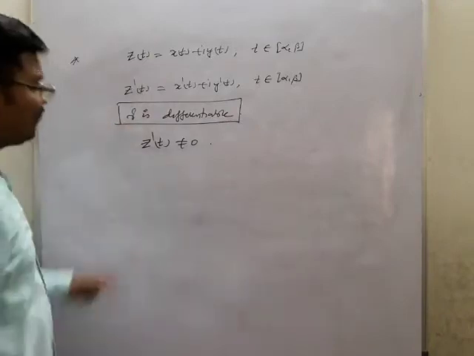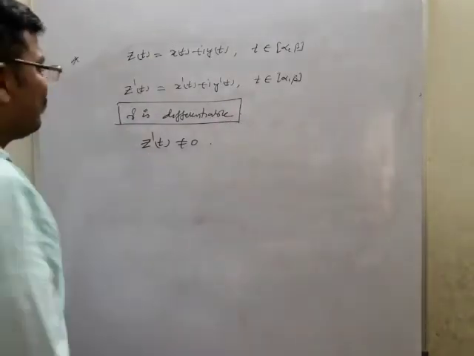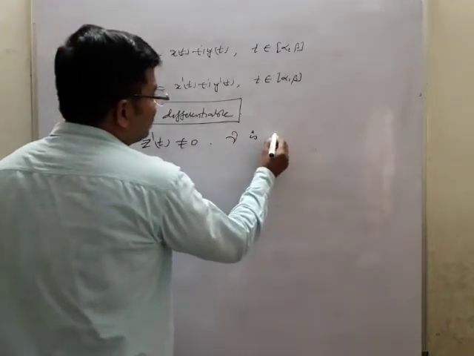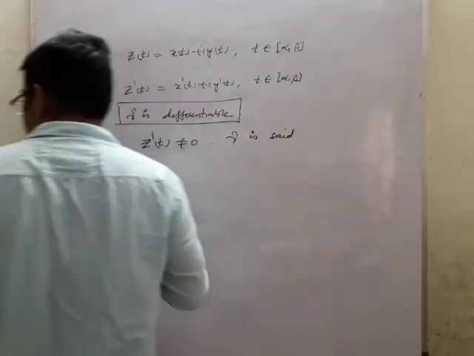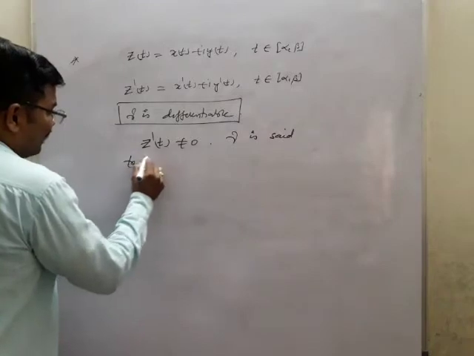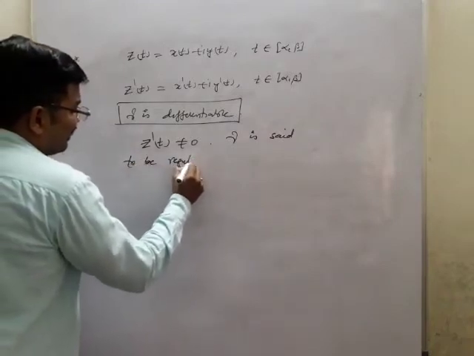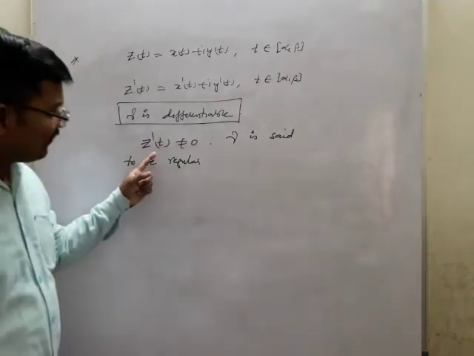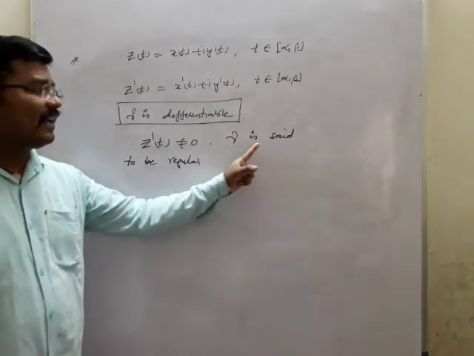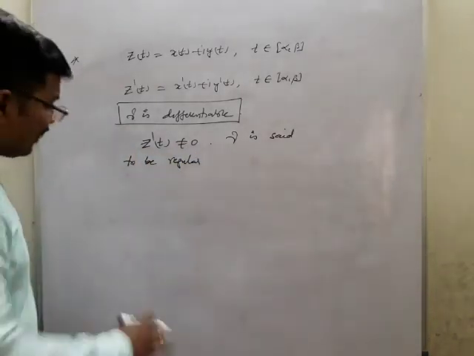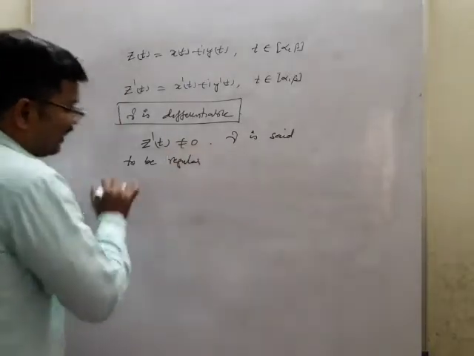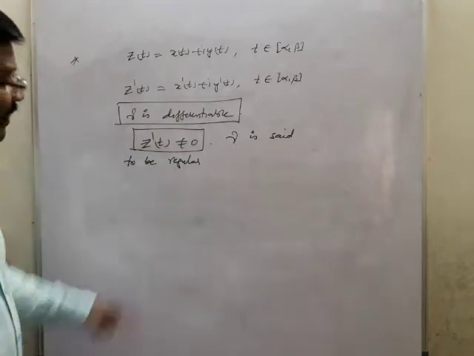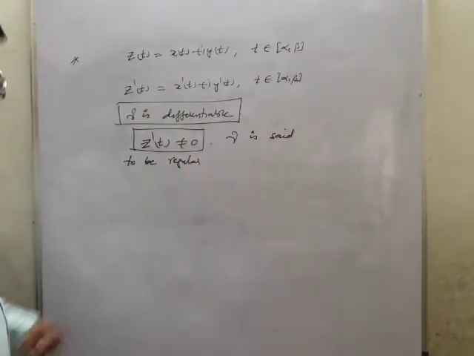As well, if z dash of t is not equal to 0, then we can say that the arc gamma is said to be regular. It is a regular arc. When z dash of t is not equal to 0, gamma is said to be a regular arc.